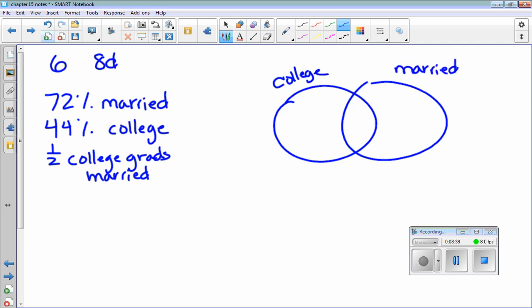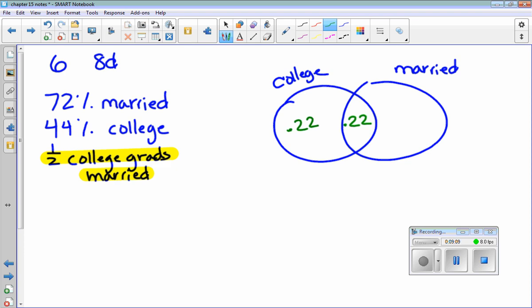It says that half of the college grads are married, so let's start with that information, because that's the both part. College grads is 44%. What's half of that? 22% is your both. I'm going to put 0.22 in the middle. Which tells me what percentage is college only. 22% off. So we're going to put that on the outside.